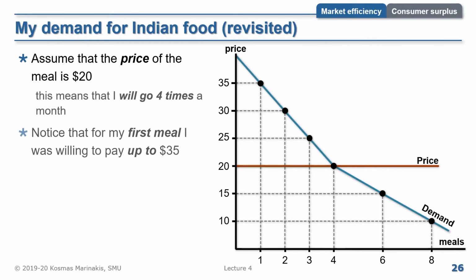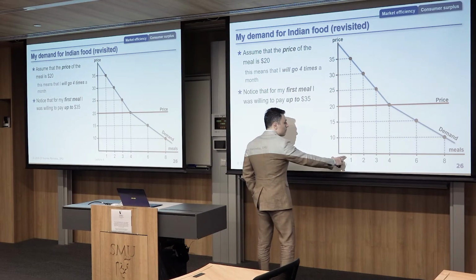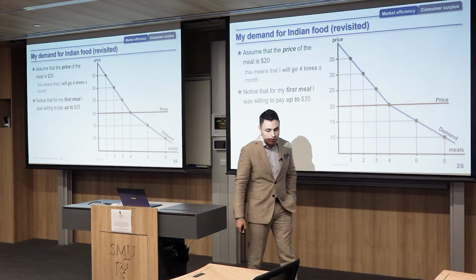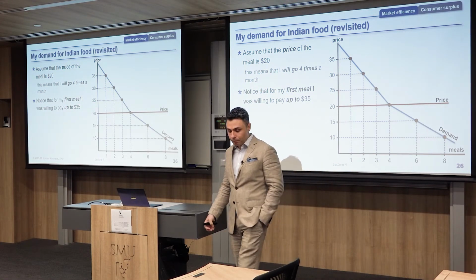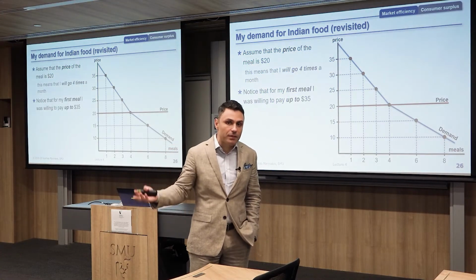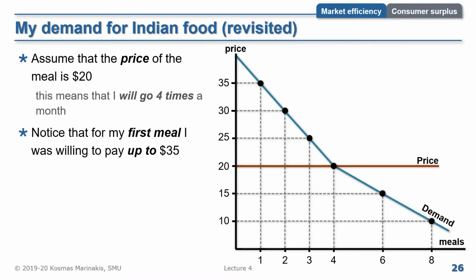Now I want you to notice that for my first meal, I was willing to pay up to $35. So if I go just 1 time, I'm willing to pay up to $35 for this particular visit. The same is not true for my next visit, but for my first visit, I was willing to pay $35. However, I do not pay $35.